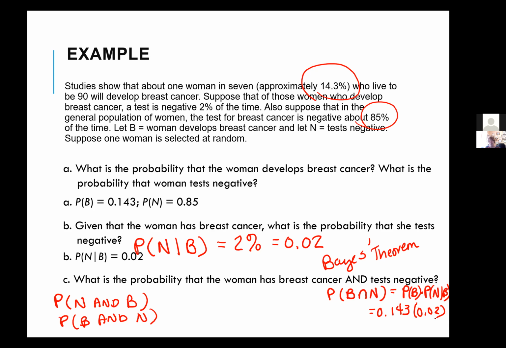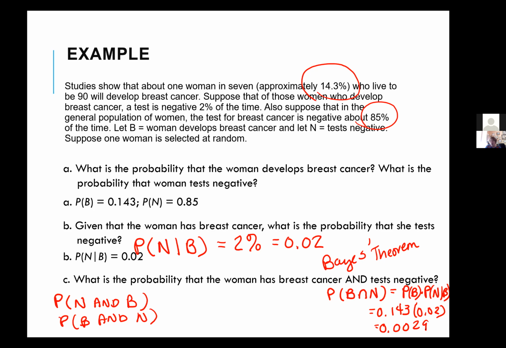So if we take our calculator out and we multiply 0.143 times 0.02, we get 0.0029. So there's a 0.29% chance that you have breast cancer and you test negative.